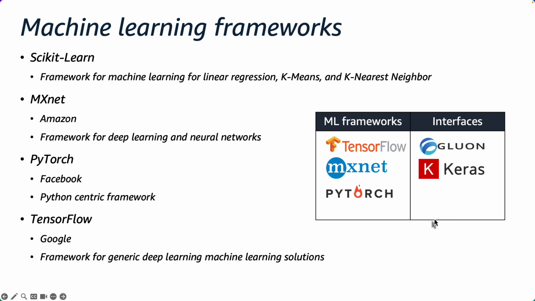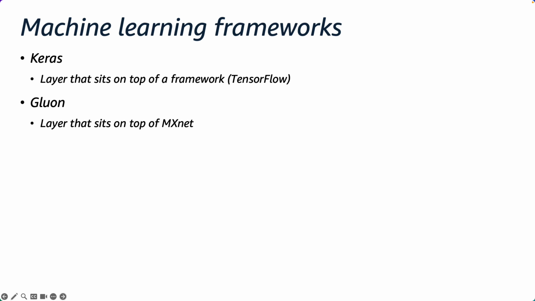Let's also talk about other frameworks that are listed as machine learning frameworks, but they're not really. So Keras is actually a layer that exists on top of a framework that abstracts you away even further from the framework. Keras can be used on different frameworks, but it is usually used on top of TensorFlow.